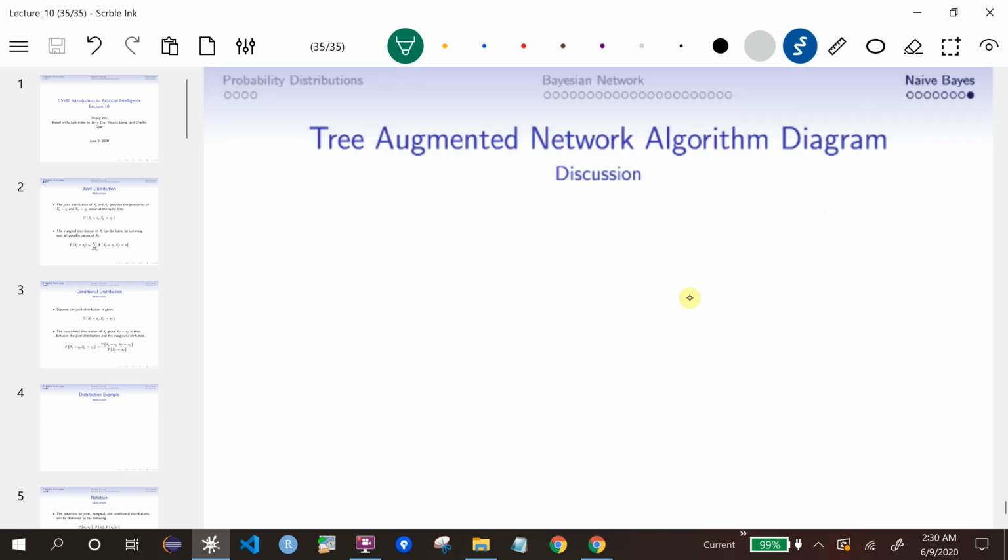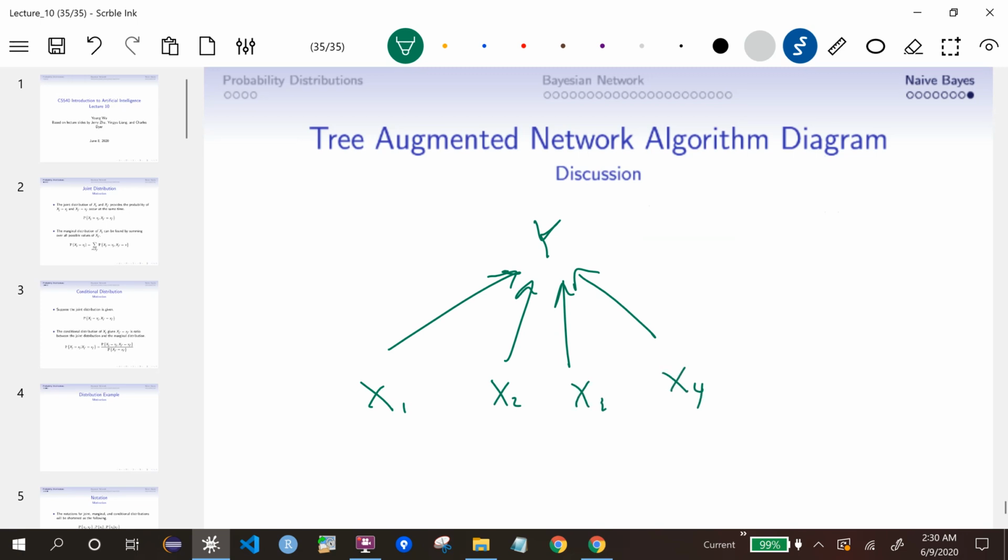But the idea here is we have y as a special node, and everything is causing y: x1, x2, x3, and x4. And we start with all the x's connected, and then we figure out the conditional information gain conditioning on y, and then we figure out some special structure between these.